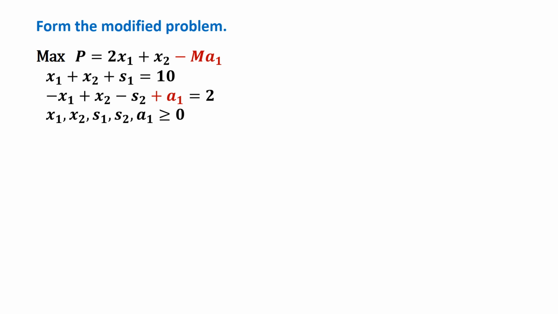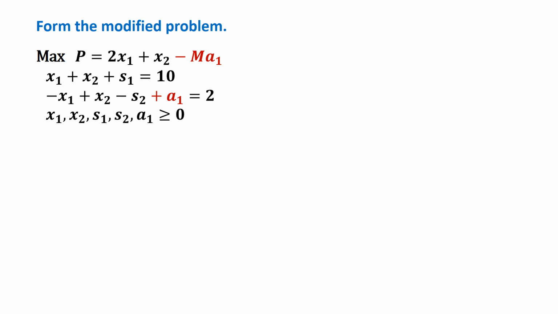Now, because I added a1, I'm going to subtract a1 from the objective. So my new objective function is p equals 2x1 plus x2 minus a1. And all of my x's, all of my s's, and my artificial variable are non-negative.